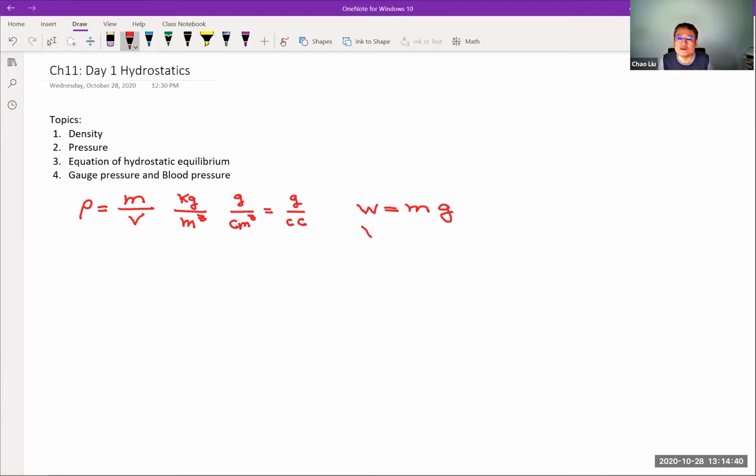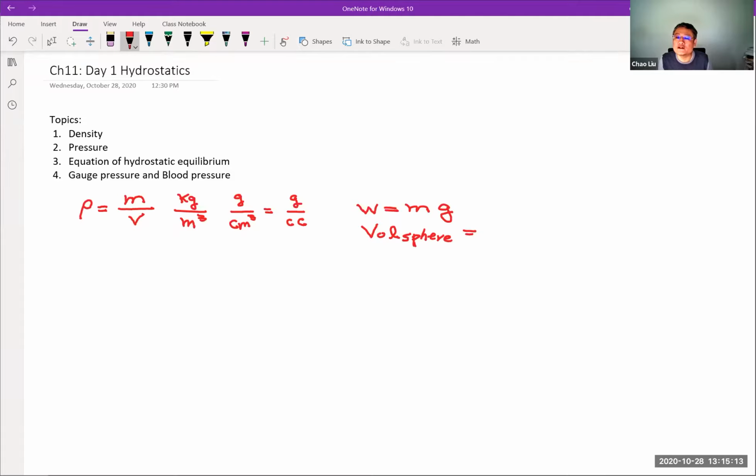The volume is another thing that you have to determine. So how do we find the volume? The volume for a rectangular object is very simple, you can calculate that. But if you are given a non-rectangular object, such as a sphere, one of the most common ones that you will see in homework problems, like a ball, then what is the equation for that?